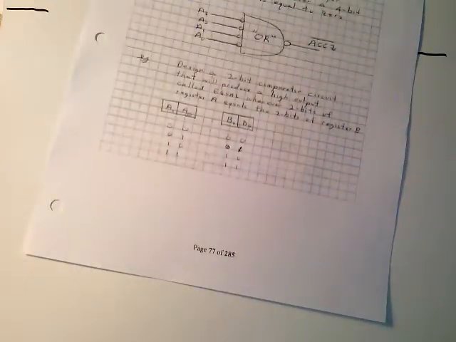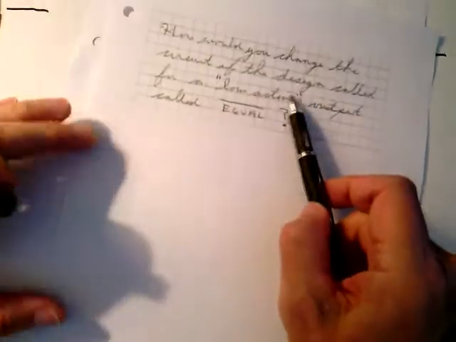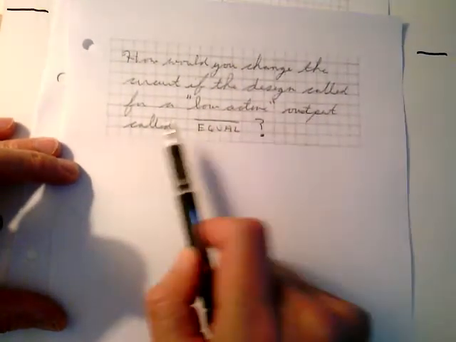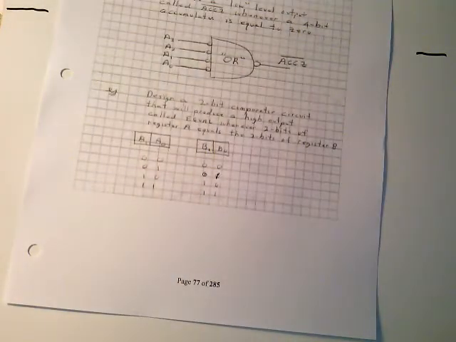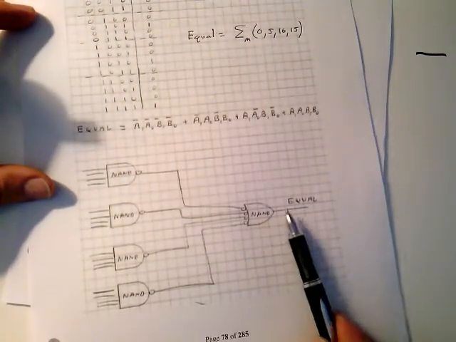And then on page 79, I ask, how would you change the circuit if the design called for a low active output called equal bar? In other words, you want to do the same design, except you want this output here to be low active.